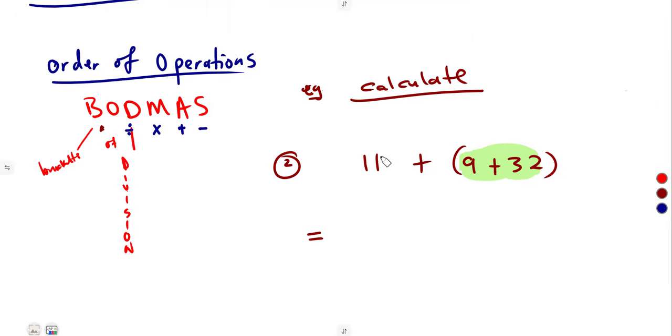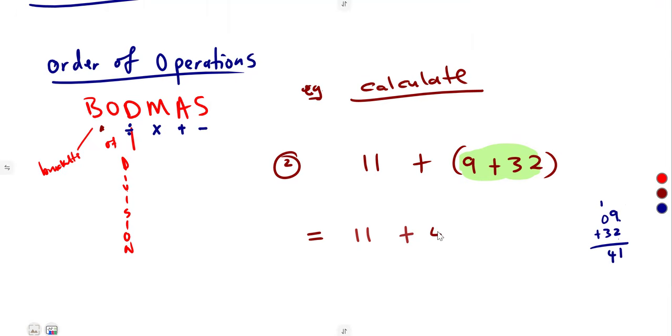So we are going to have here 11 plus, if we add, what are we going to have? 9 plus 32. This is 9 plus 2, which is 11. So you're going to put the 1 here. 1 plus 3, which is what? Which is 4.